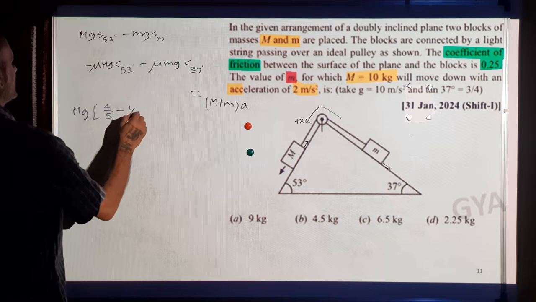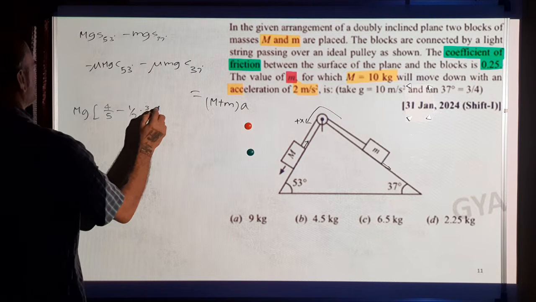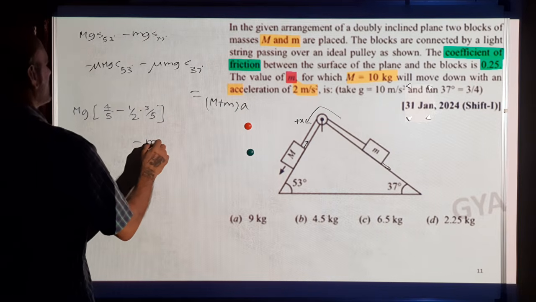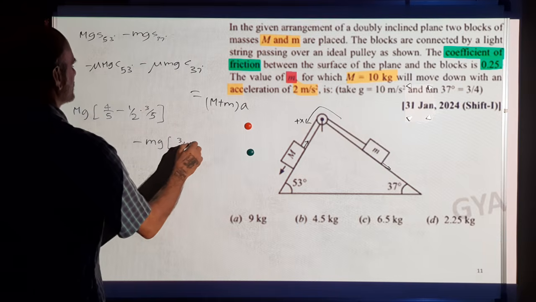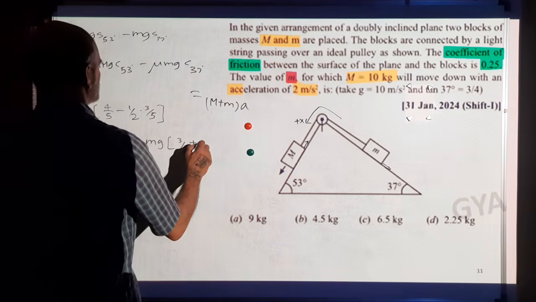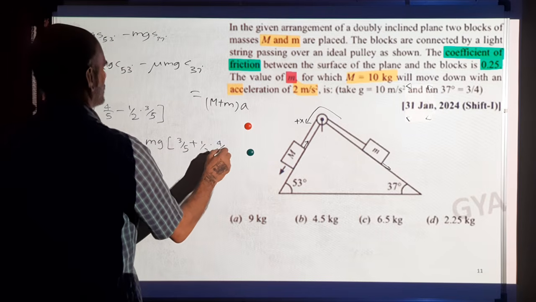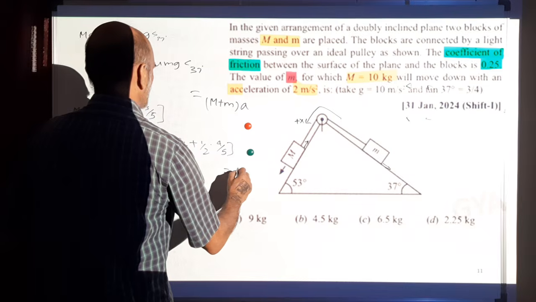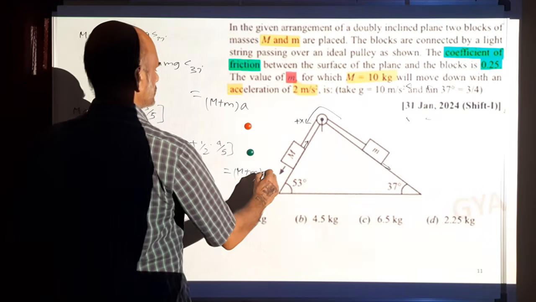Minus mu, which is half, minus mg into sine 37, which is 3 by 5, plus mu into cos 37, equal to m plus M into a, which is 2.